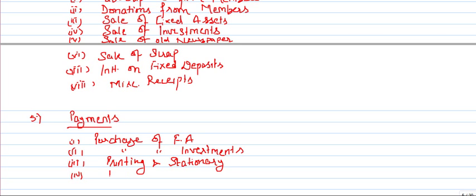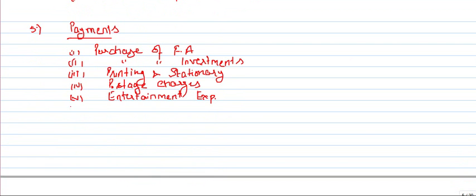Then anything related to postage charges, entertainment expenses, right? And so on. Any kind of taxes can be there. Then electricity expenses can be there. Then telephone expenses.